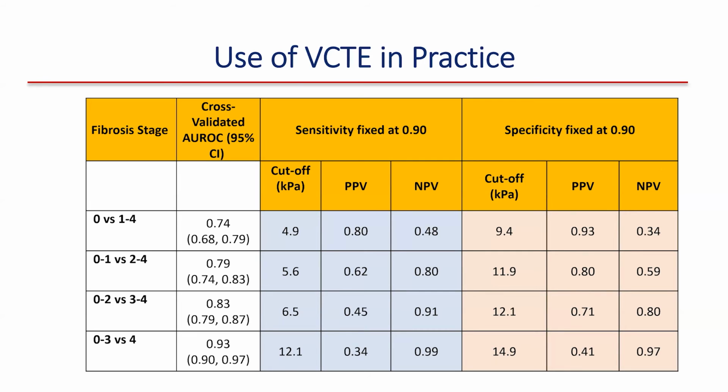In that case, we may focus on sensitivity because we want to know who has the disease, and we would much rather biopsy somebody extra than too few, so that we can find patients for clinical trials. But in clinical practice, we may be focused on specificity, where we want to be really, really specific that we have the right person. So we may set the thresholds a little higher to identify those patients.